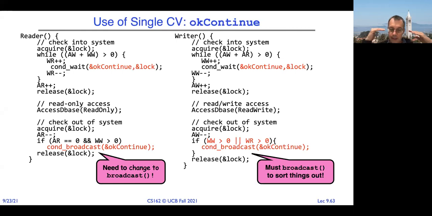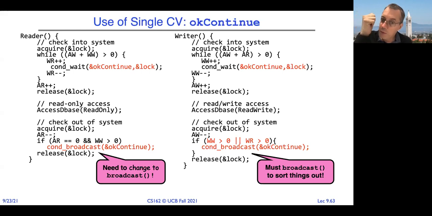So the summary here is that these while loops are extremely powerful, because they guard against doing stupid or incorrect things if you are woken up by mistake. So we are safe. What we need to be careful about is that because there is no history with these condition variables, I am protected from waking up the wrong thread.